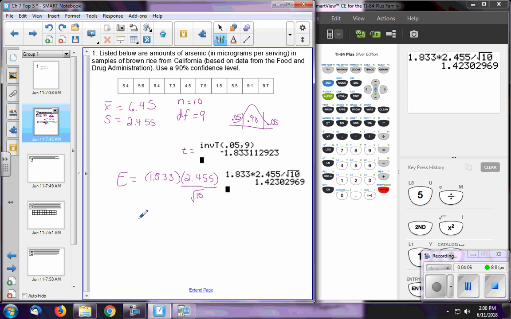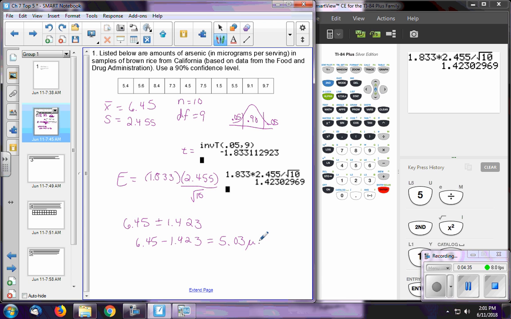And then to get our confidence interval, that is x bar, 6.45, plus or minus that value. So we have 6.45 plus or minus 1.423. You're going to subtract to get the left, add to get the right. When we subtract, you get an answer or result of 5.03.